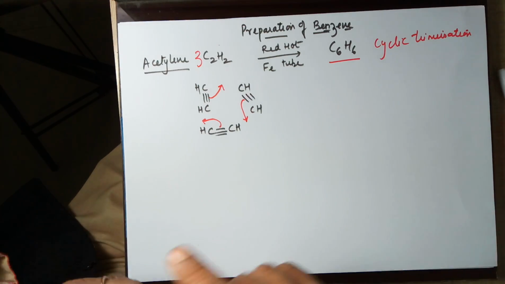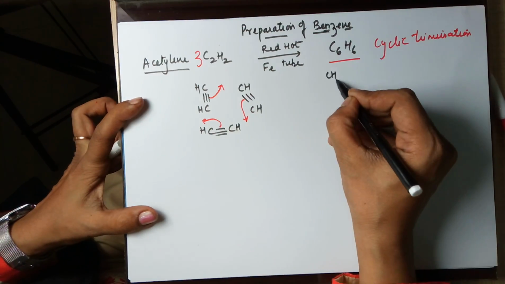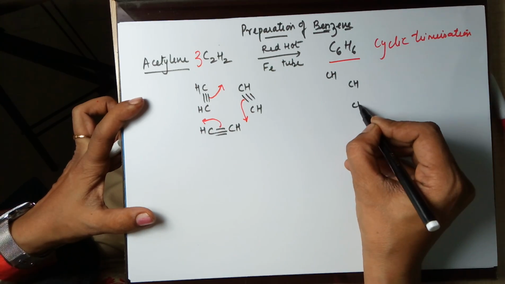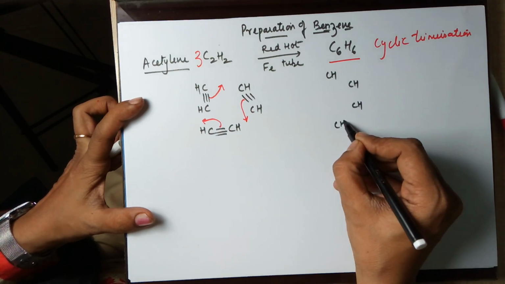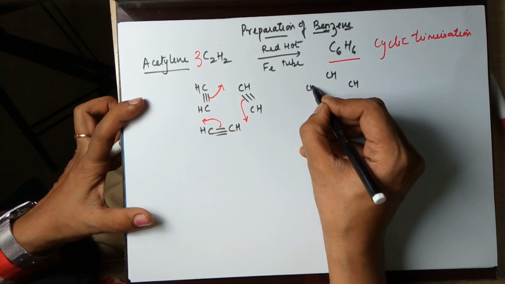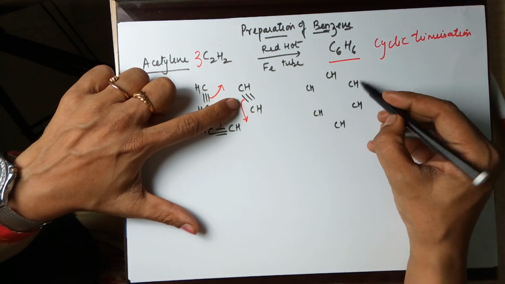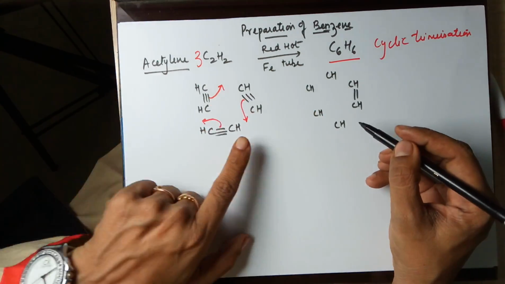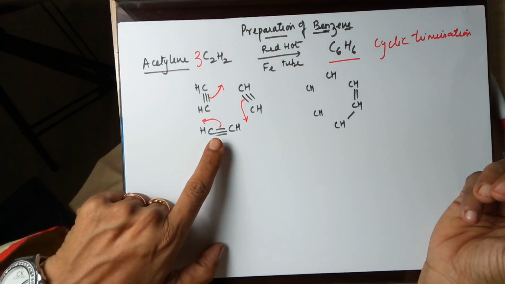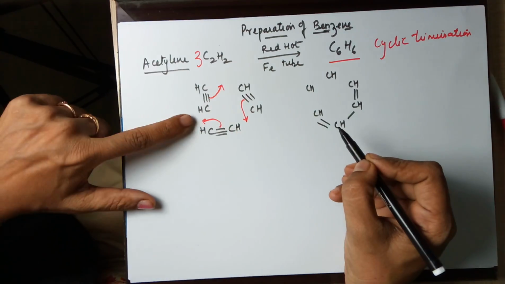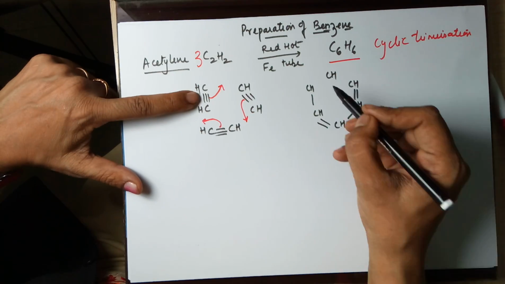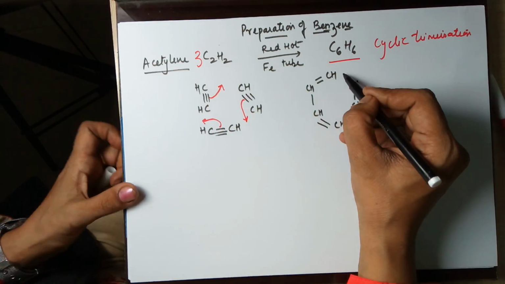If this happens, then you are left with the CH identities where this CH identity has got two bonds, one bond here, again two bonds, one bond here, again two bonds, one bond here.